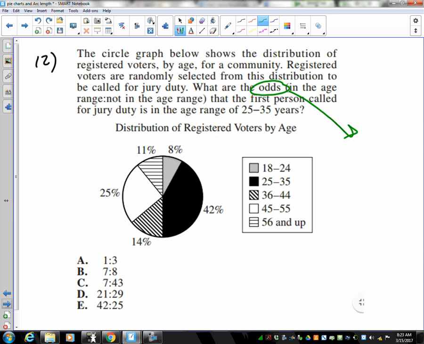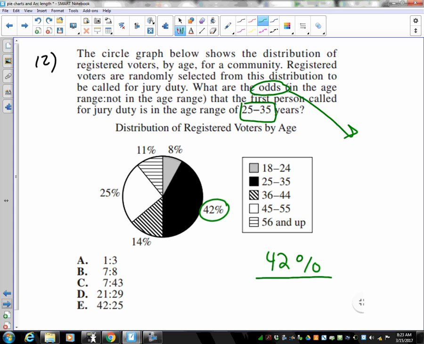So in this case, let me read through this again. We're looking for the age range of 25 through 35. So the age range here from 25 to 35, this is the 42%. So 42% is the amount that is. So the way that we would find the odds here is we would do 42% to, instead of 100%, which would be like probability, you would do the ones that are not.